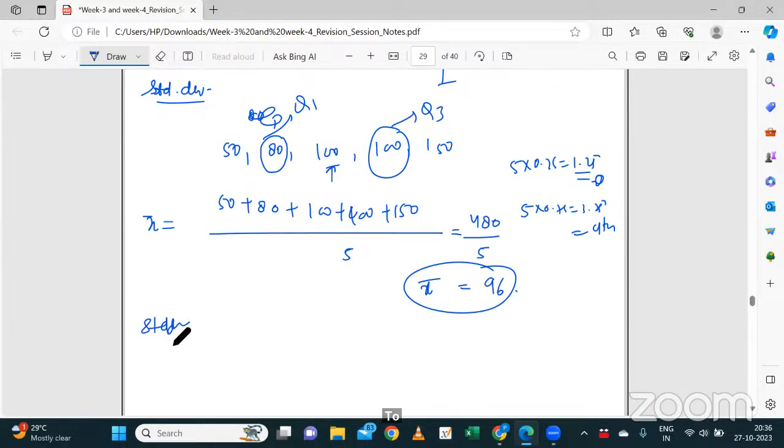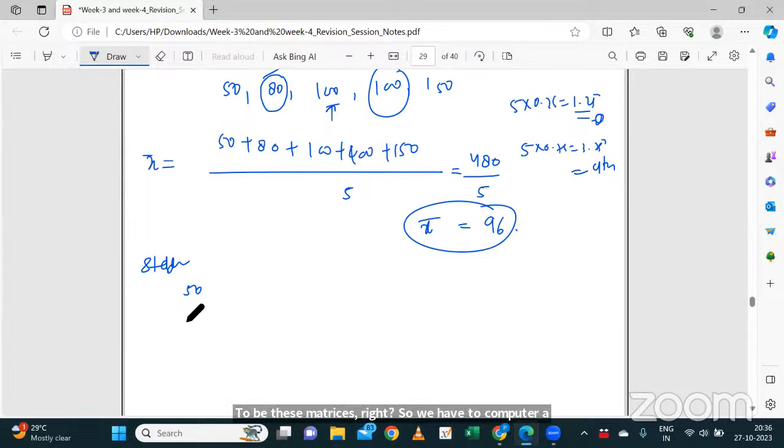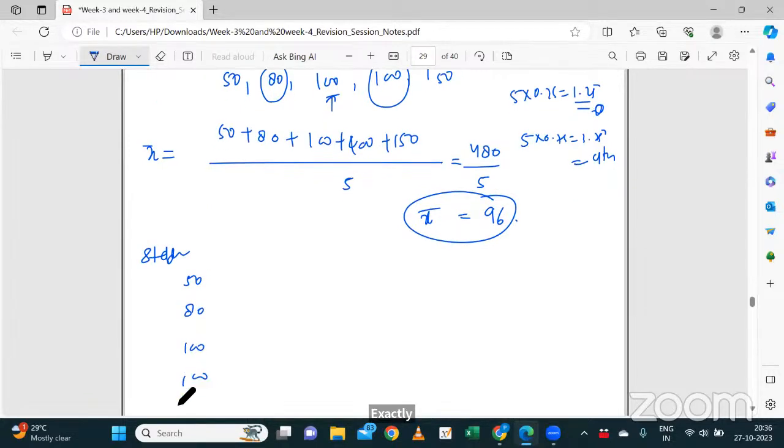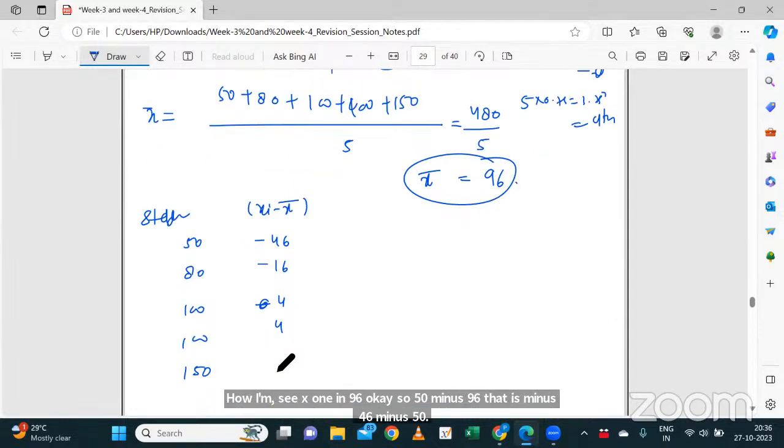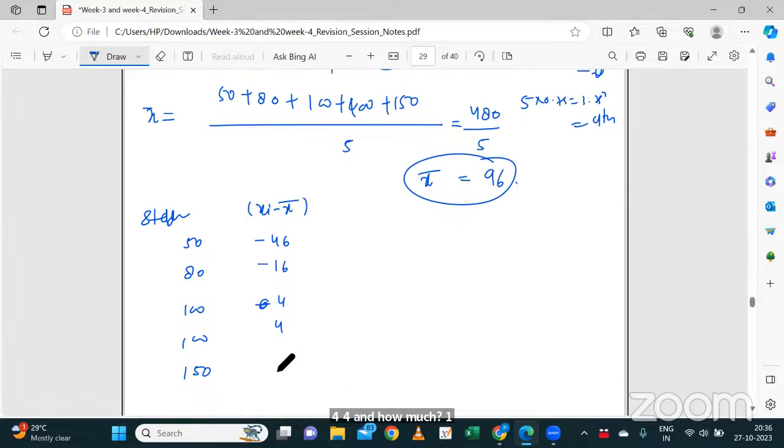So standard deviation is what basically? X bar is 96, so 50 minus 96 is minus 46, then minus 16, 4, 4, and 150 minus 96 is 54.